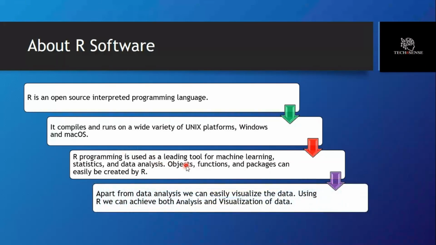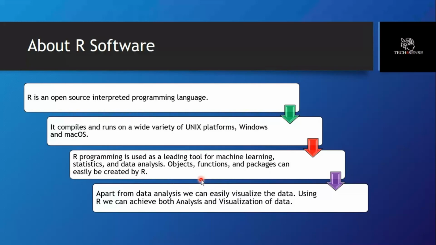Then the fourth point is, apart from data analysis, we can also easily visualize the data. In the recent market, there are different types of applications or software also available. But what is the main advantage of our software?